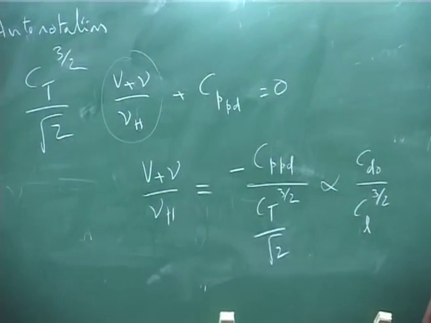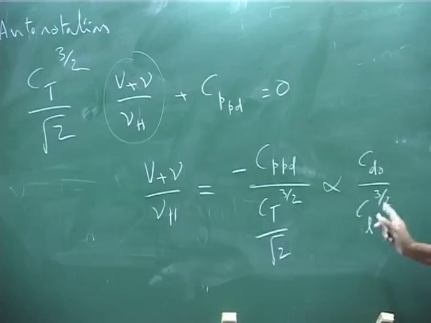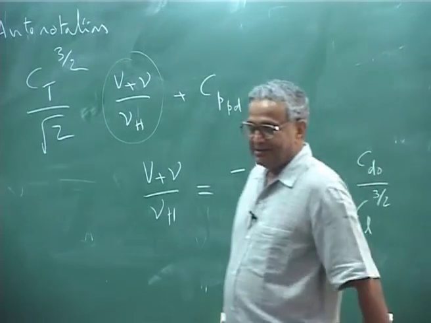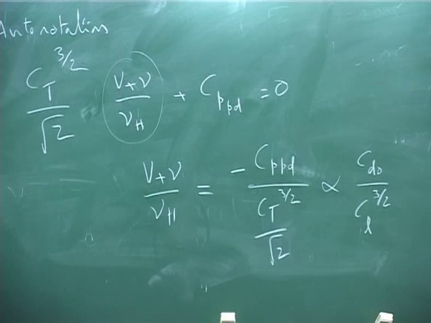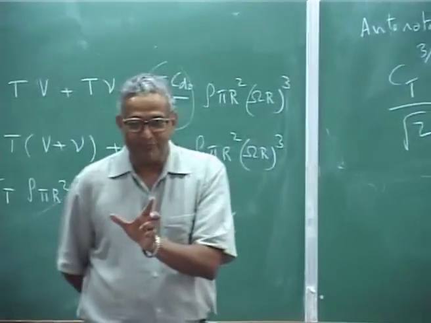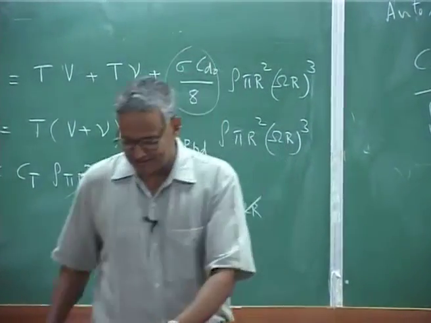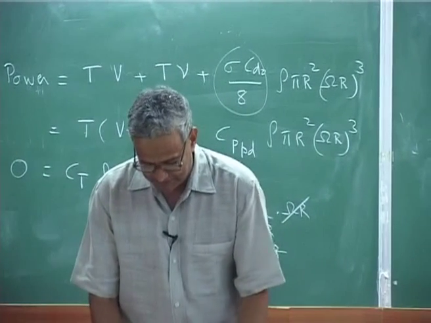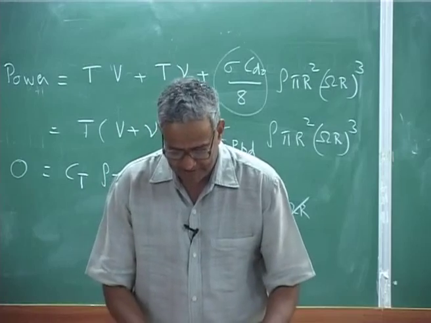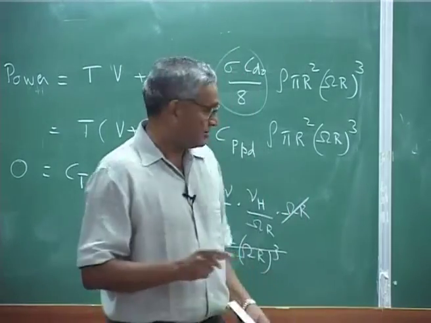Now, you can plot the curve of an aerofoil, CD naught drag coefficient over lift coefficient power 3 by 2 for various angles of attack, okay. And that will tell you what is the minimum angle of attack you should operate, because if you operate at a minimum angle, that curve I will show, because this is a very interesting part, because efficient angle of attack for auto rotation.